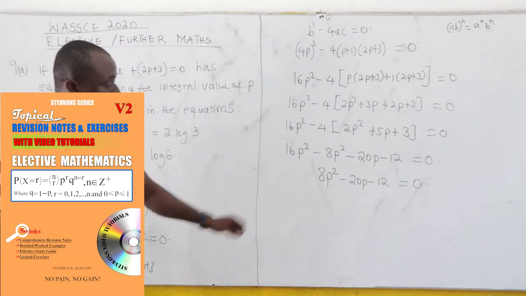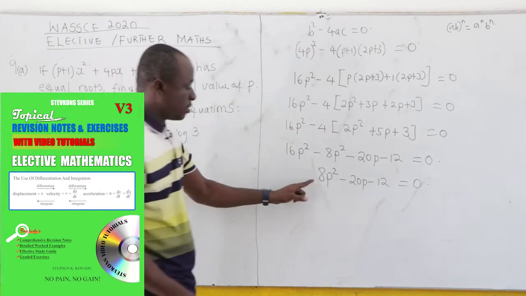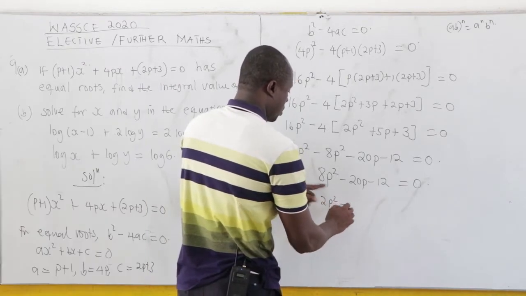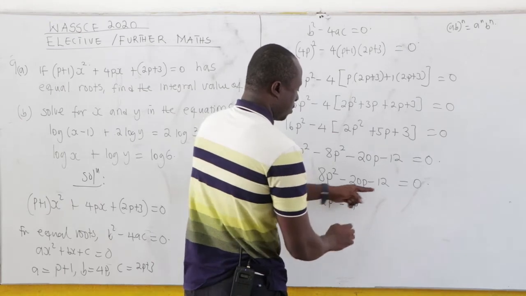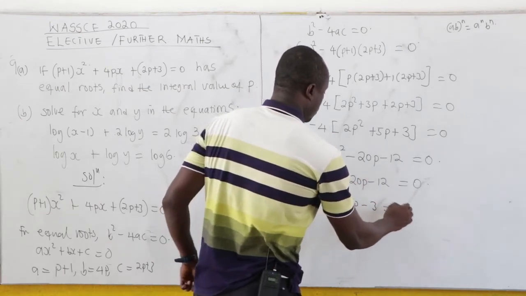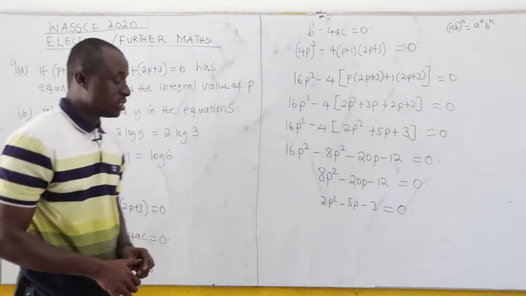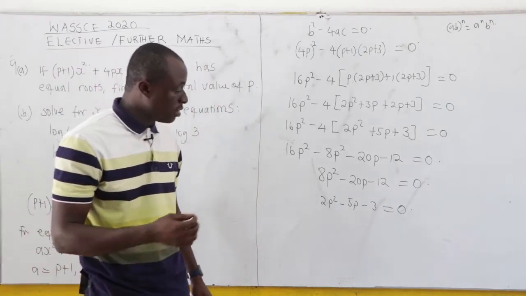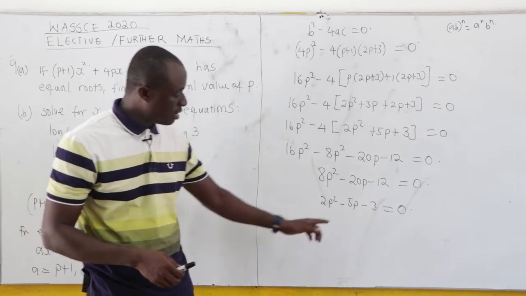Now we can reduce this by dividing both sides by 4. If you divide by 4, that will be 2p² − 5p − 3 = 0. Quadratic equation: we need two numbers that when you multiply, you get negative 6, but when you add, you get negative 5.